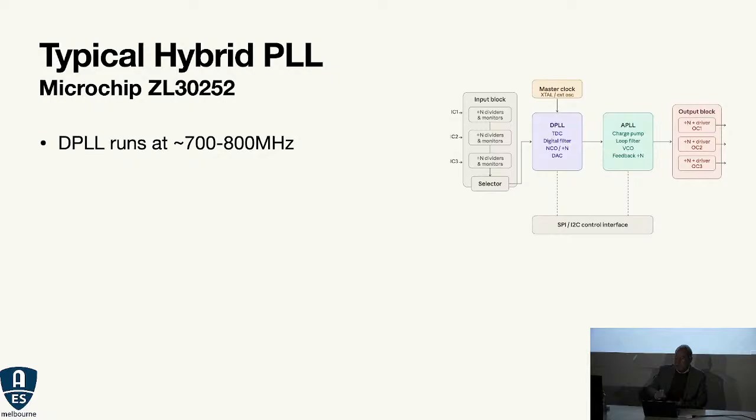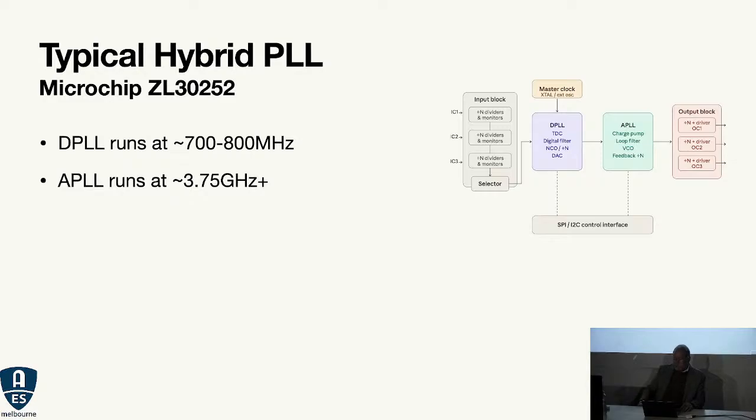And then the outputs are a set of dividers that can get all kinds of division all at the same time. So it can run as many as 6 different frequencies, all some multiple of a base frequency. And the digital PLL here is running in the 700-800 megahertz range. It could be a little higher and a little lower, but that's a typical number.